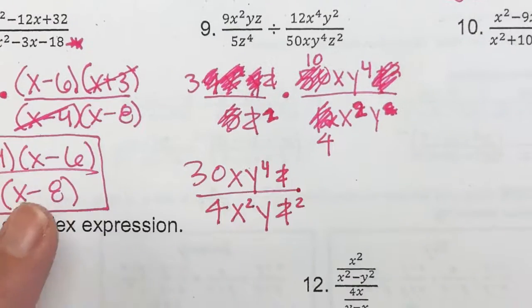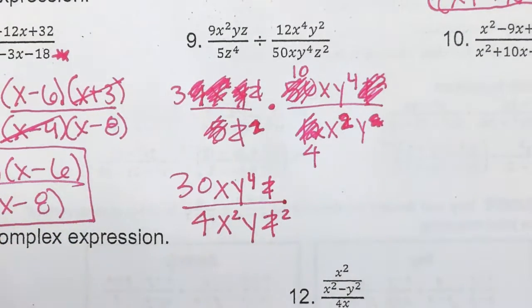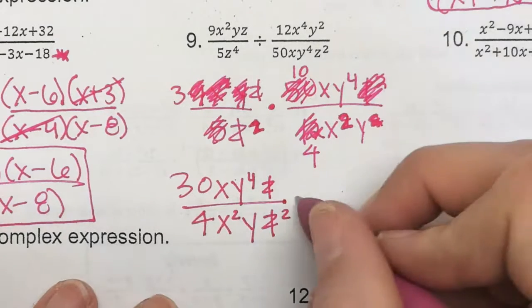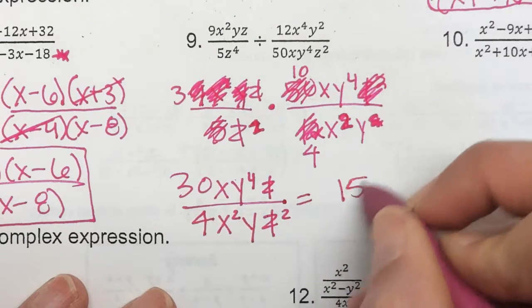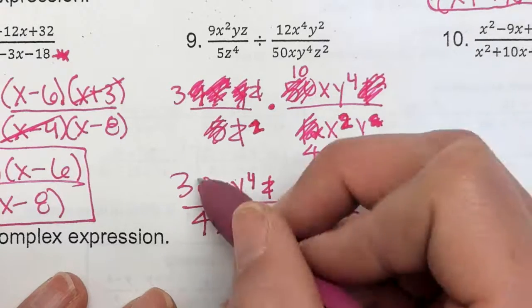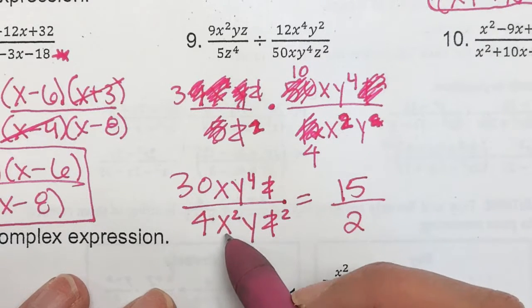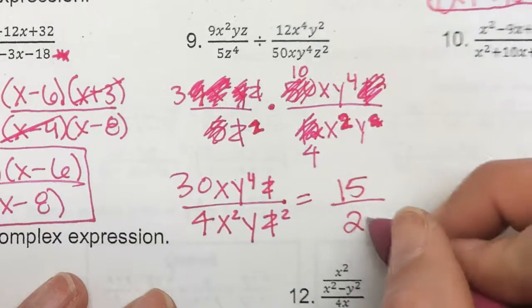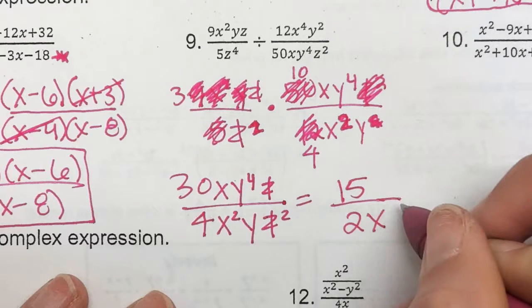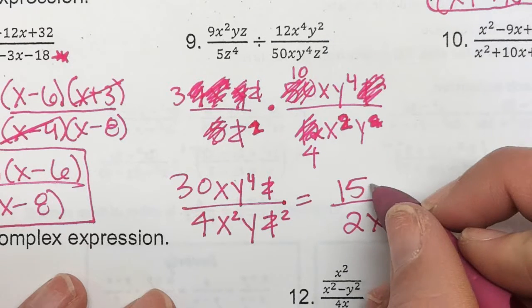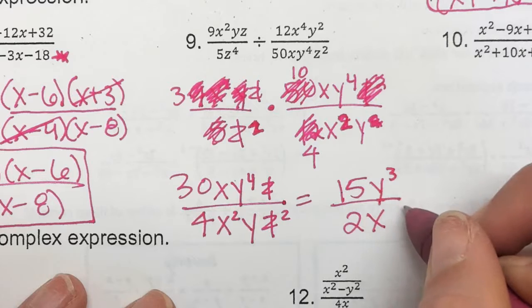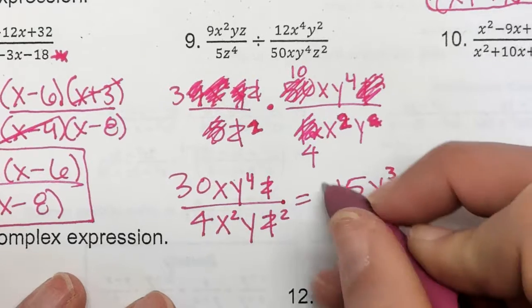Alright, now let's simplify some more. The 30 and the 4 both have what? So on top, on bottom, what about my x's? X on bottom, y on top, and z on top. Very good.